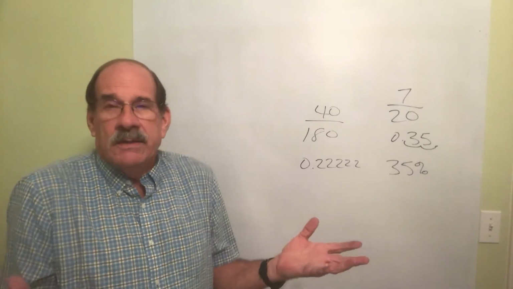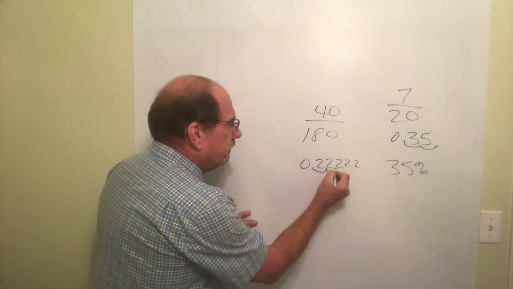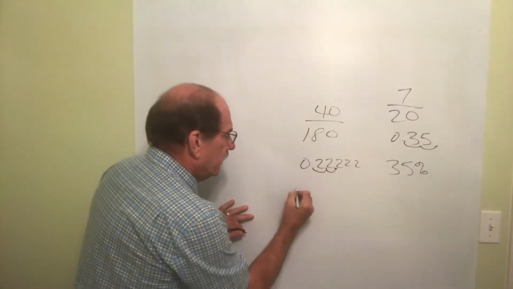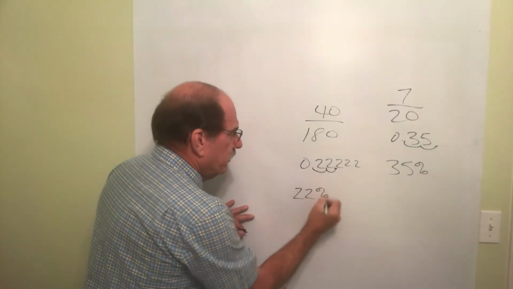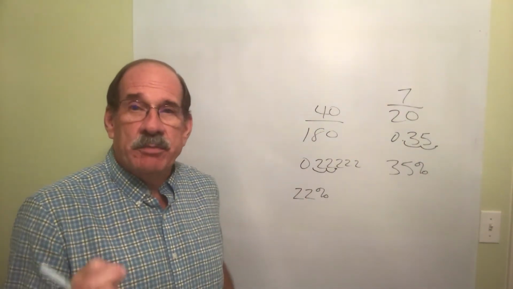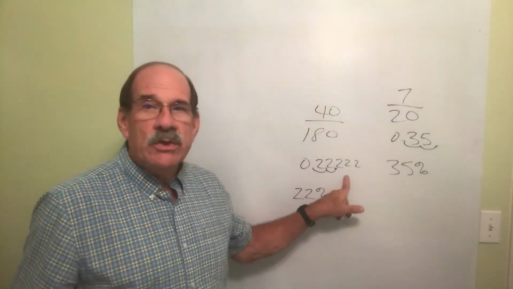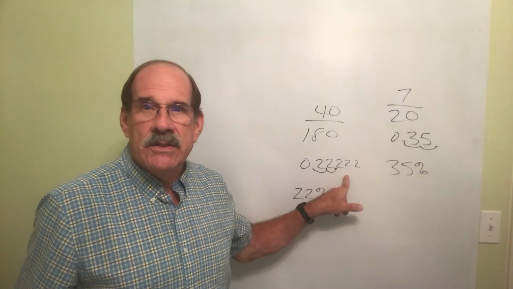Round it off to the nearest whole number as a percent. Move it 2 places, and the answer is 22%. If I had asked you to round off to the nearest percent expressed in tenths, it would have been 22.2. I hope you see what I just did there.